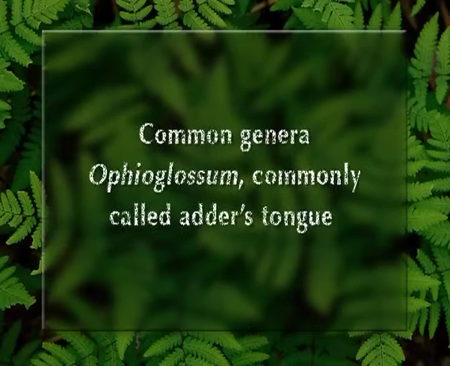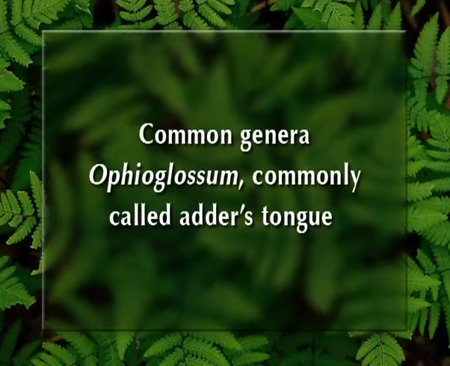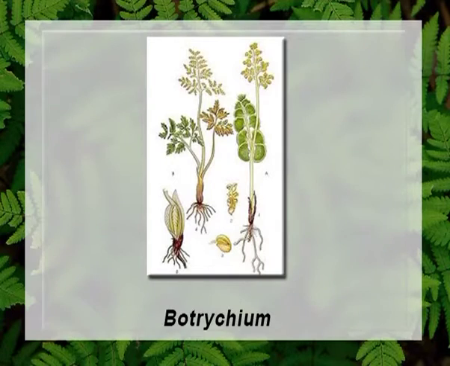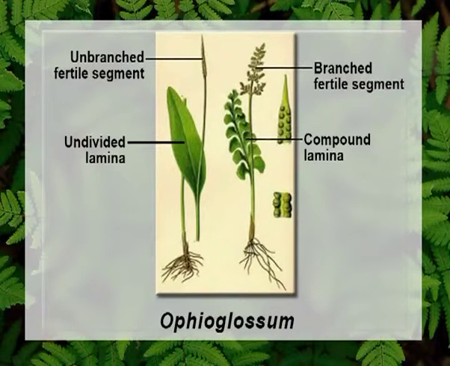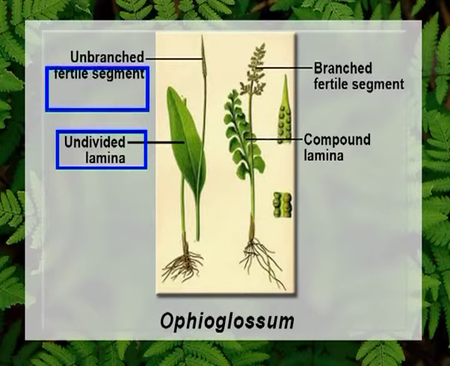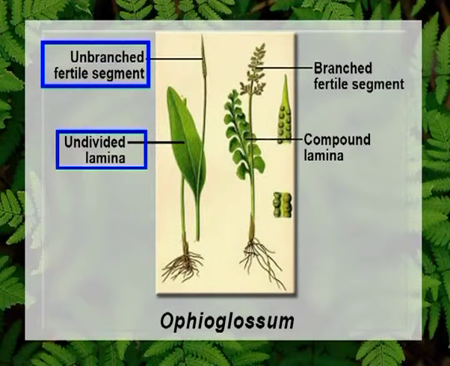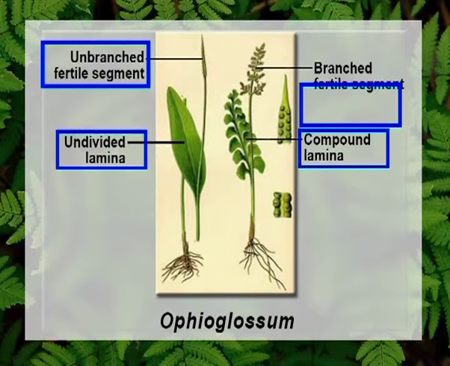The most common genera of the Ophioglossid ferns are Ophioglossum, commonly called adder's tongue, and Botrychium, commonly called grape fern. Whereas the species of Ophioglossum have a simple undivided lamina and an unbranched fertile segment, those of Botrychium have a compound lamina and a branched segment.